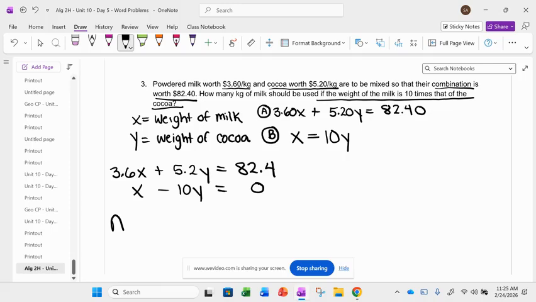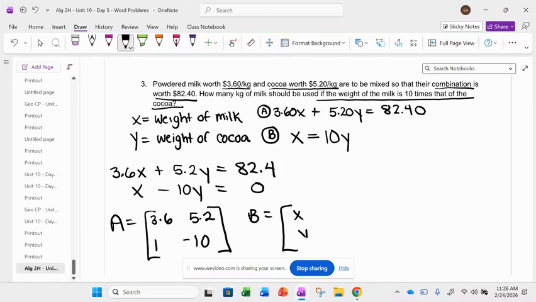So now if we're going to use matrices, we're going to have 3.6, 5.2, 1, -10 for A. B is going to be XY. And C is going to be 82.4 and 0.